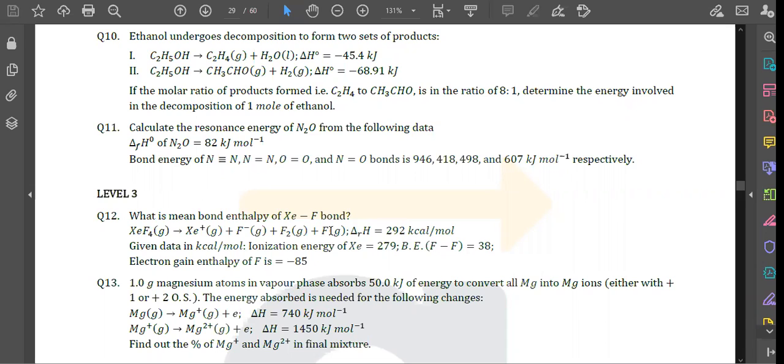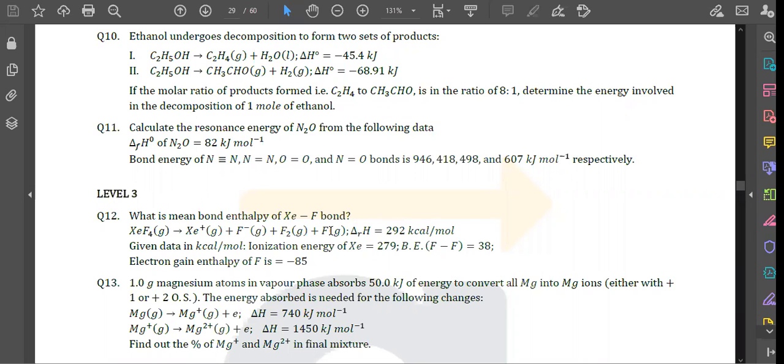Because the problems of thermochemistry are very easy if you understand the concept. How many of you feel that if you actually understand what is happening in the reaction, what type of reaction it is, you just have to add and subtract the values, nothing else? It is not as conceptual as thermodynamics, okay?